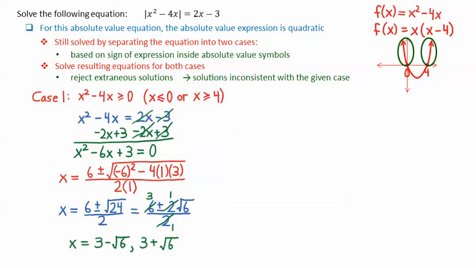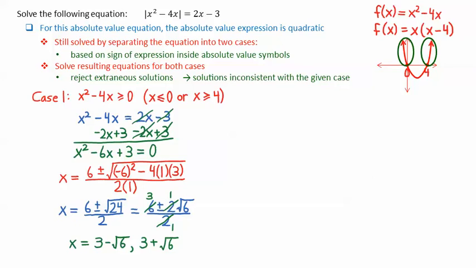We then have to check each one of these solutions to make sure that they're not extraneous. 3 minus root 6 corresponds to approximately 0.55. Note that 0.55 is not less than or equal to 0 or greater than or equal to 4.